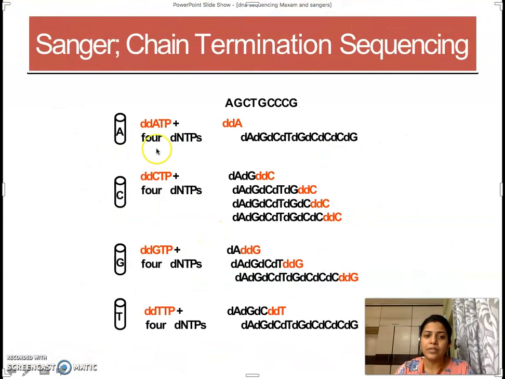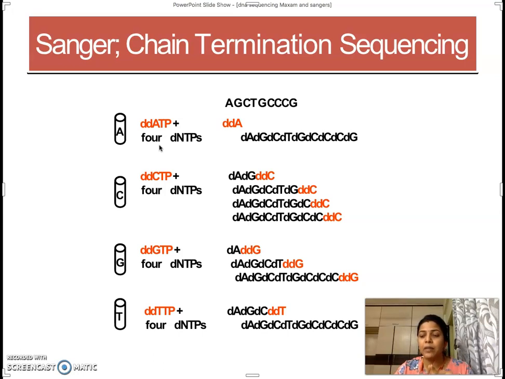So now, as we had seen in Maxam-Gilbert method, here also the reaction will take place in 4 different eppendorfs. In each eppendorf, you are going to add all the requirements of the PCR. Here remember, you are going to add only a single template.